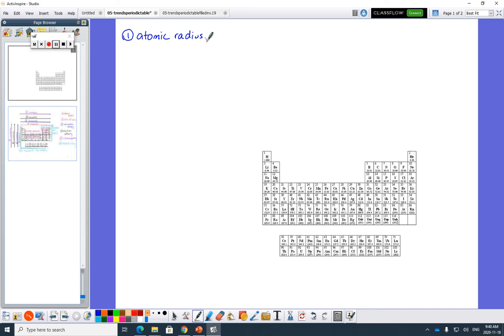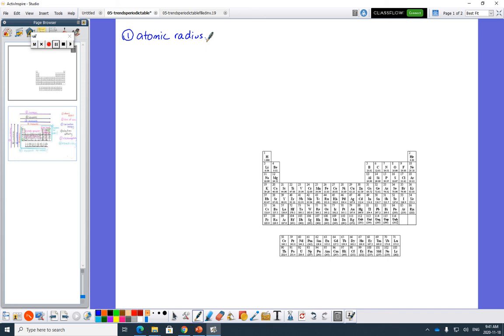So again, if you're the kind of person who likes to look for patterns as a way to remember, they all go one way, except atomic radius goes the other way. Okay, so that is one thing you can do. Atomic radius also is hopefully, if you don't push out of your brain things you already know, then it would make sense.